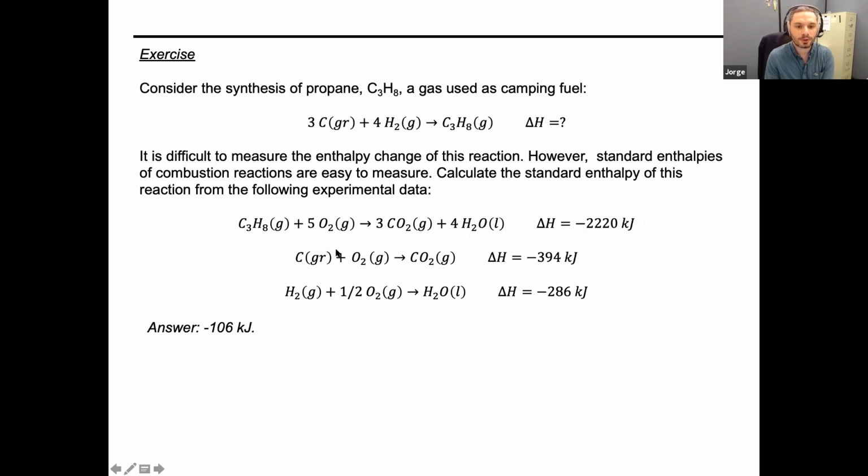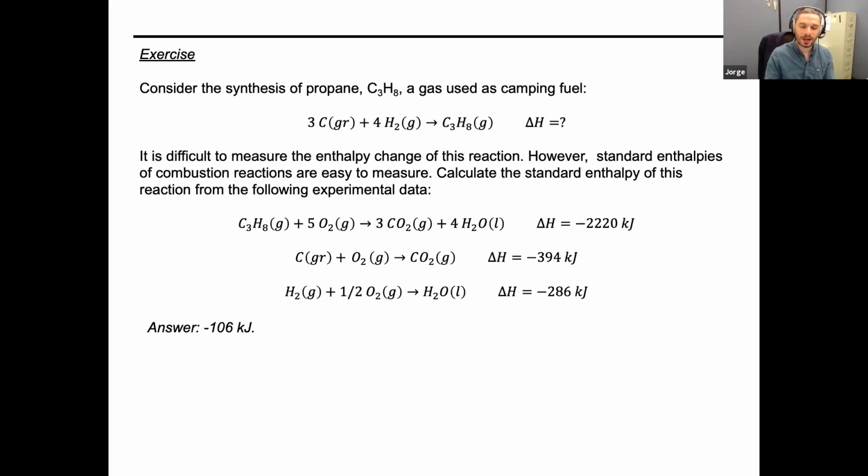We also know that carbon graphite reacting with oxygen, producing carbon dioxide, has a delta H of minus 394 kilojoules, and hydrogen plus half of oxygen producing water in the liquid state has a delta H of minus 286 kilojoules.